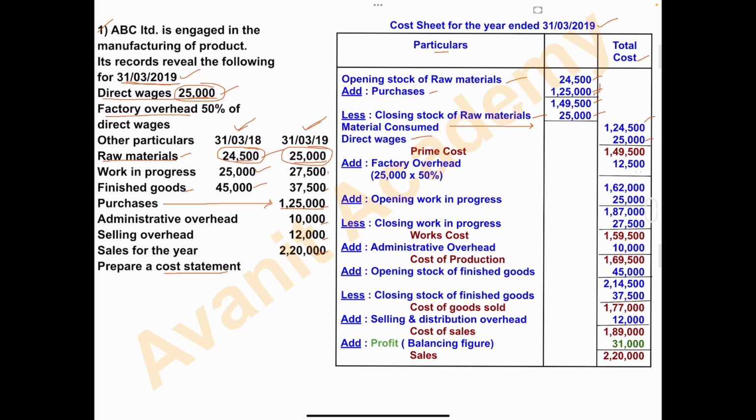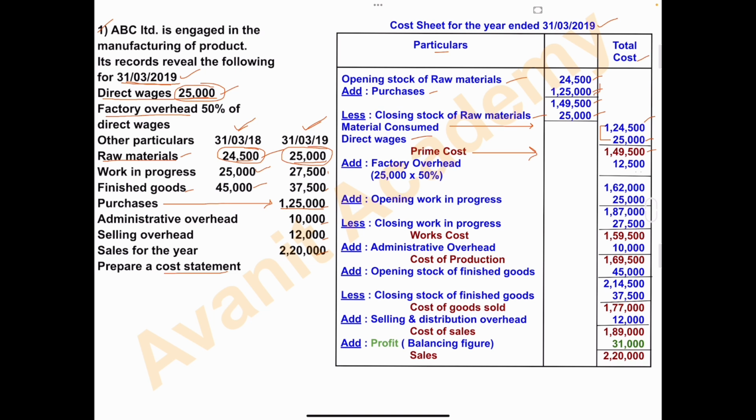Add these two amounts. 1,24,500 plus 25,000, and the total amount is 1,49,500. That is called prime cost. The total of material consumed and direct expenses is called prime cost.